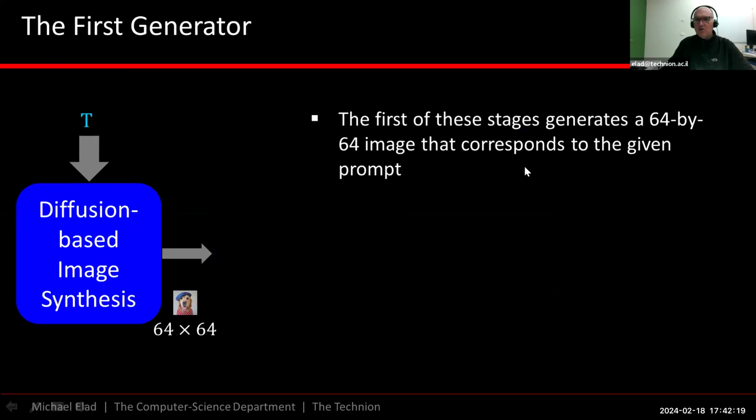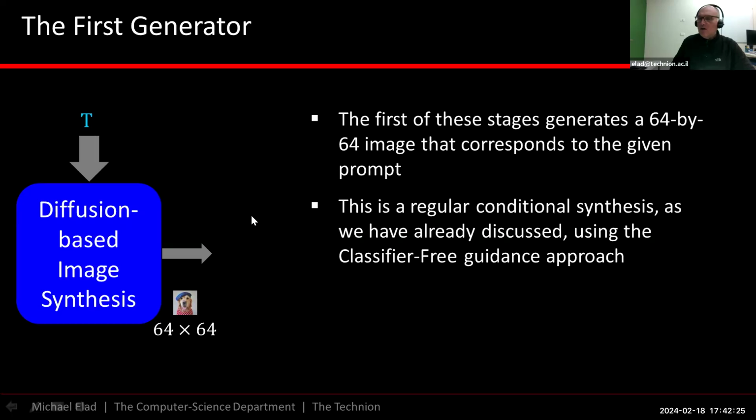Okay, so let's talk about the first generator. The first generator creates an image of size 64 by 64 that corresponds to the prompt. Regular conditional synthesis. This is what we called classifier-free guidance. So basically, they design a denoiser that gets no conditioning, and yet the same denoiser with conditioning on the text. They train on many, many pairs of images and prompts in order to get the connection between the two.